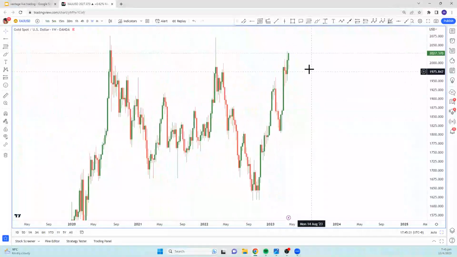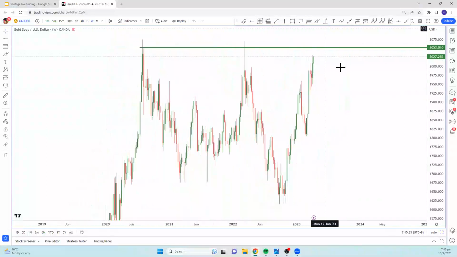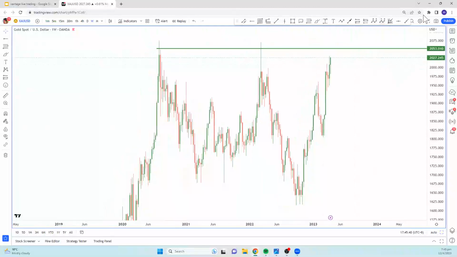You can see price is headed towards a resistance level here. So we could be seeing a reversal off of this area.